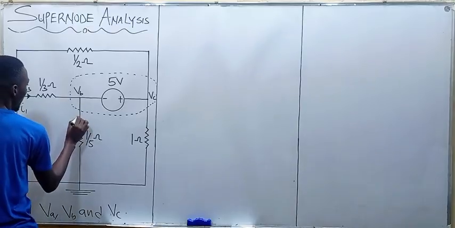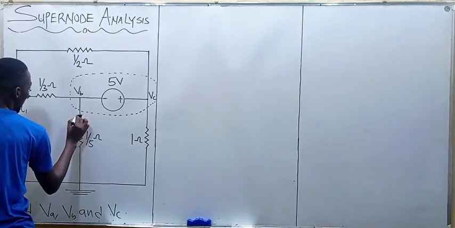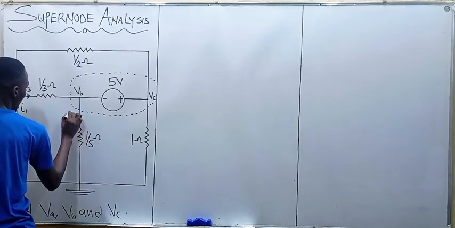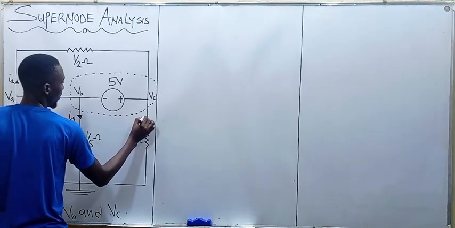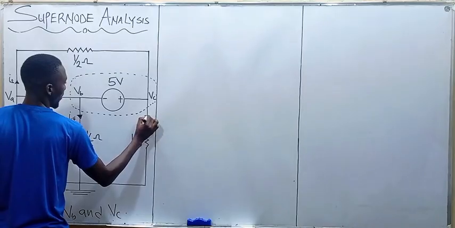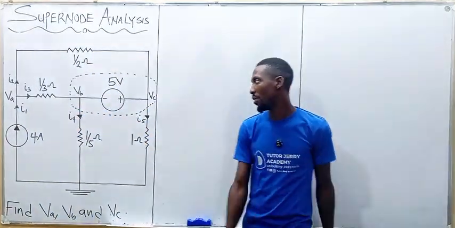If you get here, let's call this place I4, and this place will be our I5. I hope you understand the distribution of the current there.